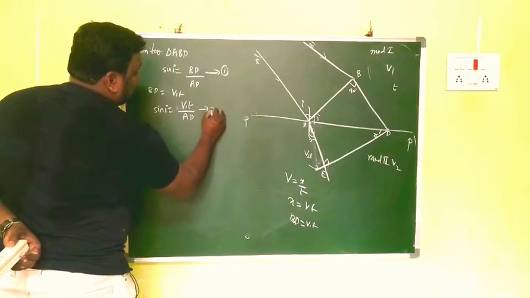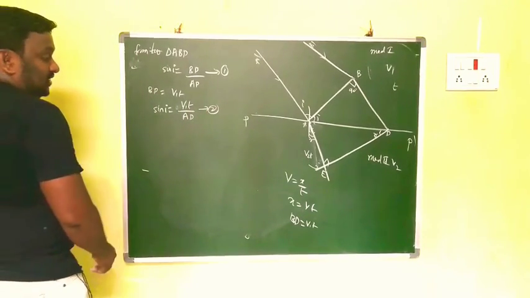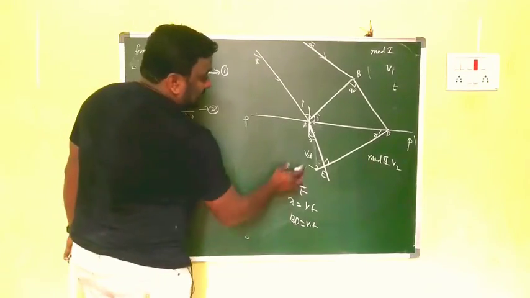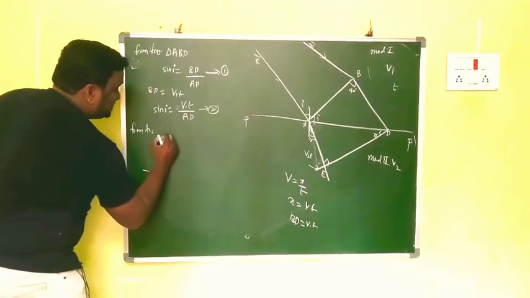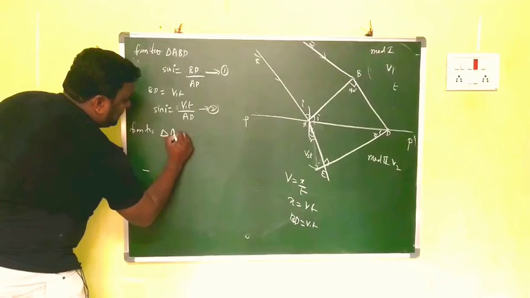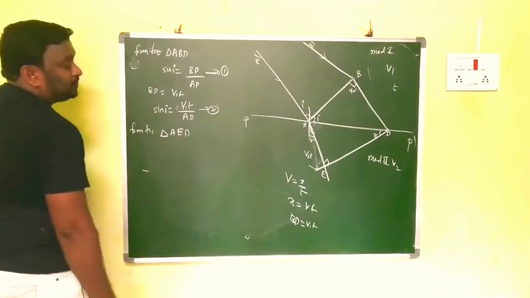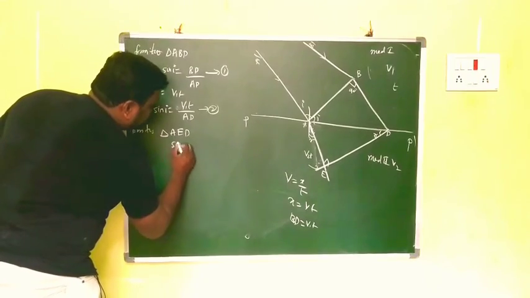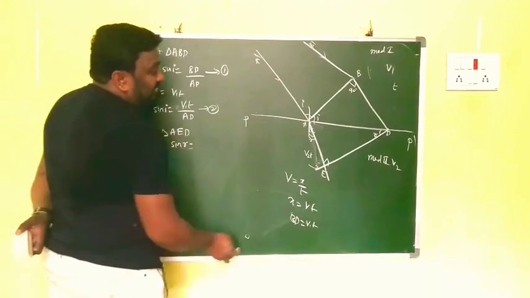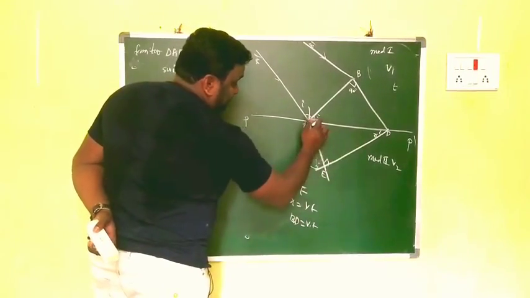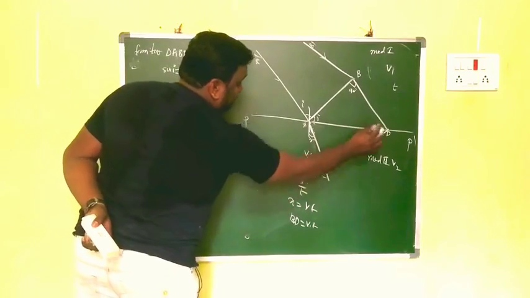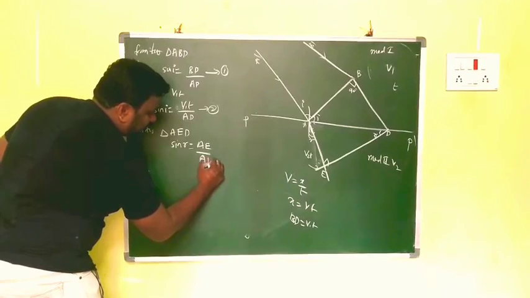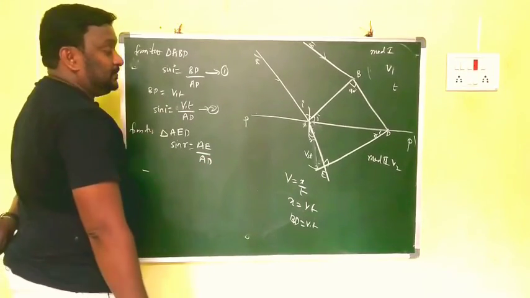Now equation number 2. Again over here I am going for another triangle from the figure, triangle AED. Clear? From the triangle AED, I am going to have sin R. Sin R is equal to AE by AD.